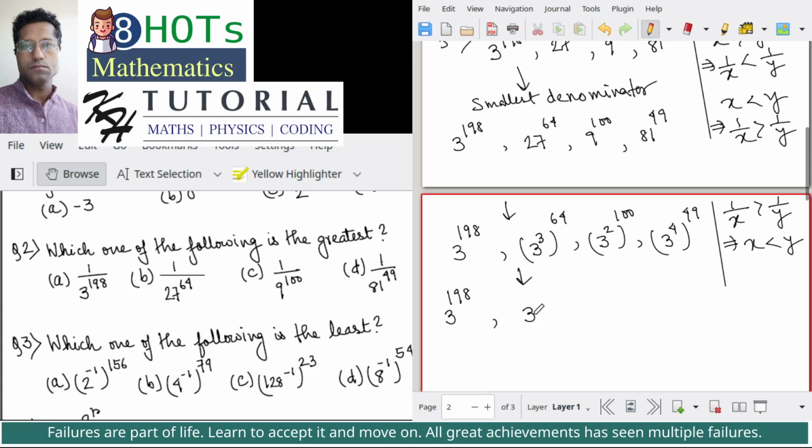This becomes 3 to the power 64 multiplied by 3, which is 192, and this becomes 3 to the power 200. And this becomes 3 to the power 49 into 4, which is 196.